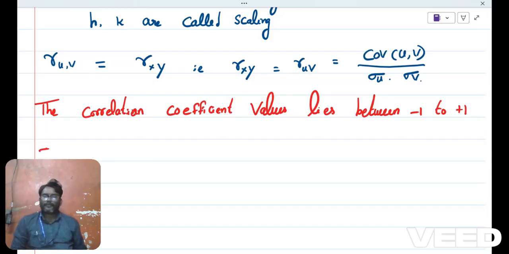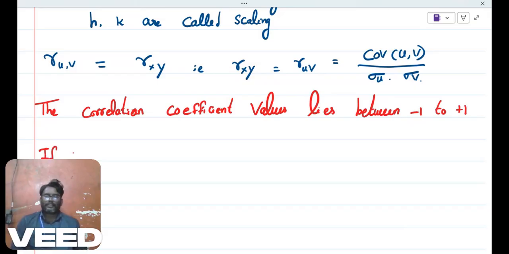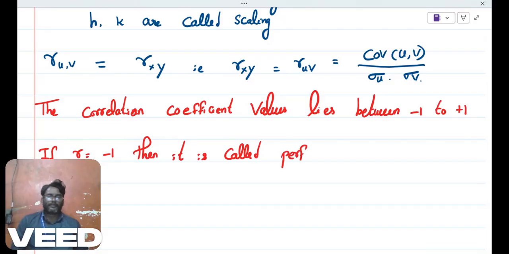If r is equal to minus 1, then it is called perfect negative correlation.